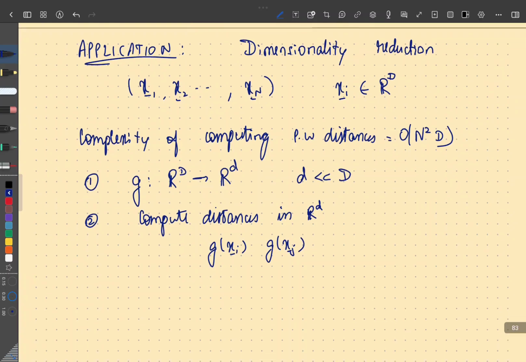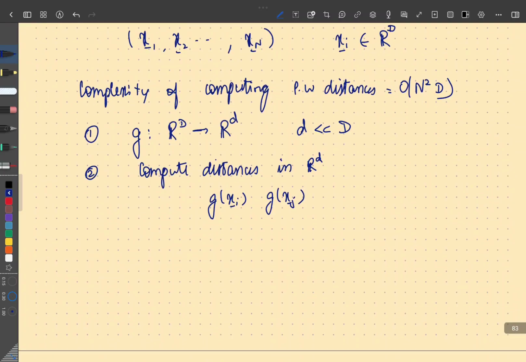Hopefully now, computing a pairwise distance takes only complexity little d instead of capital D. I can compute pairwise distances much more easily.